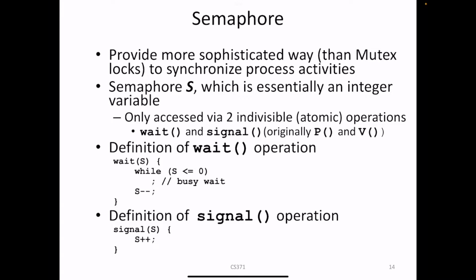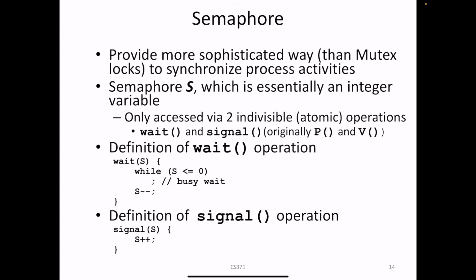And this integer variable is only accessed through two indivisible, or as we have mentioned, two atomic operations, the wait function and the signal function. They were originally called the P function and the V function because one inventor of the semaphore is Dijkstra, who is from the Netherlands. So the P function and the V function are the first letters of two Dutch words.